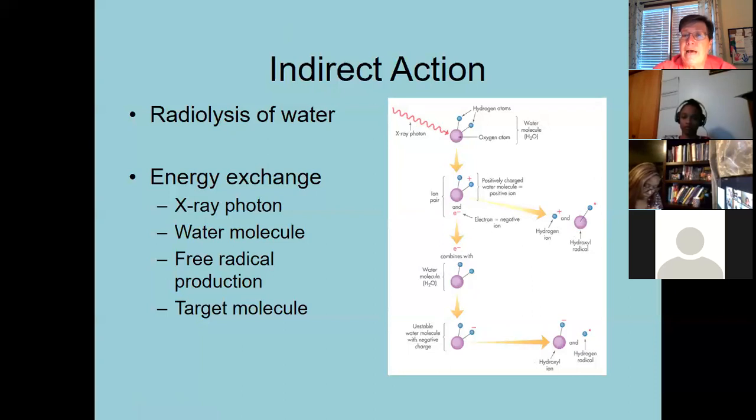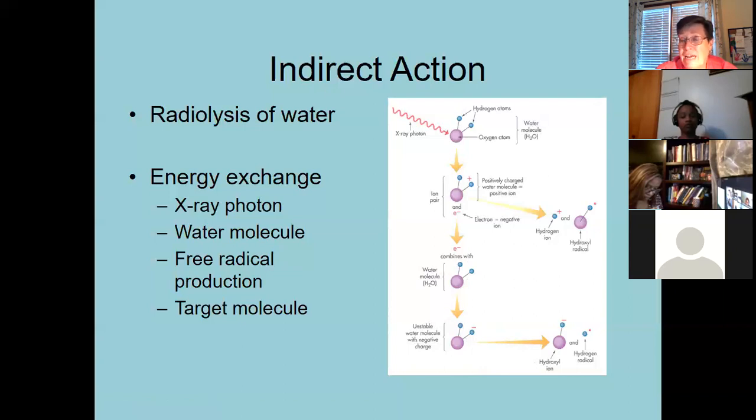Now, if we come back to here, to the initial ionization, we have the electron that was ejected. Well, the electron that was ejected can combine with an adjacent water molecule. That results in a negatively charged water ion.